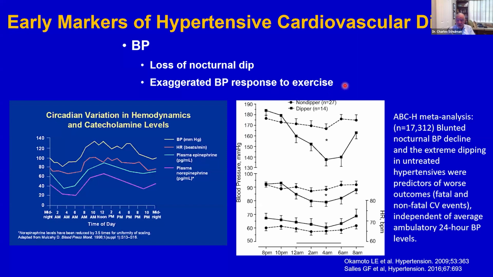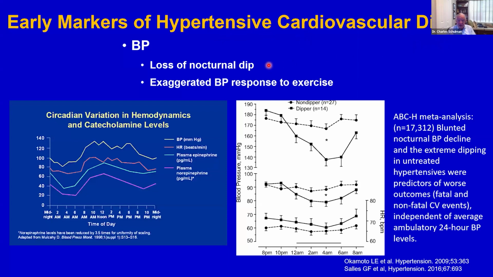So if you do an exercise stress test and systolic blood pressure rises to over 210 in men and 190 in women, that's an exaggerated blood pressure response. Even if their resting blood pressure is normal, that person should be followed, I think, more closely, because that's an early and abnormal sign of hypertensive cardiovascular disease.